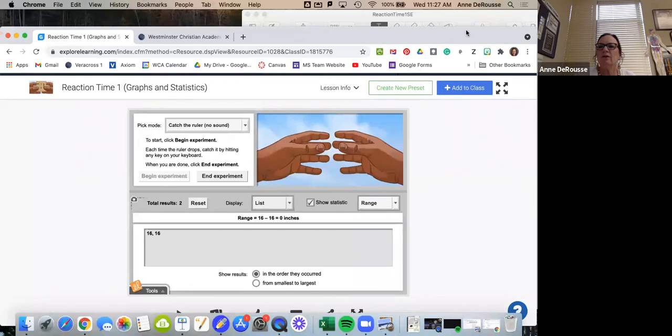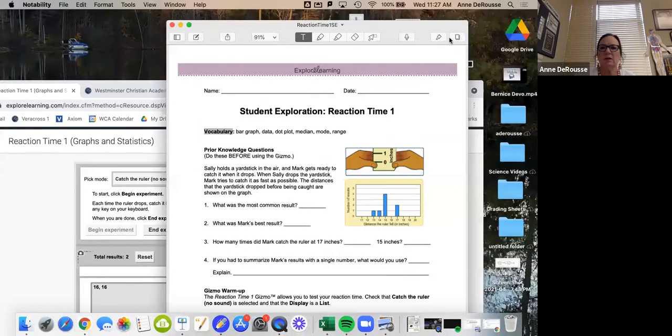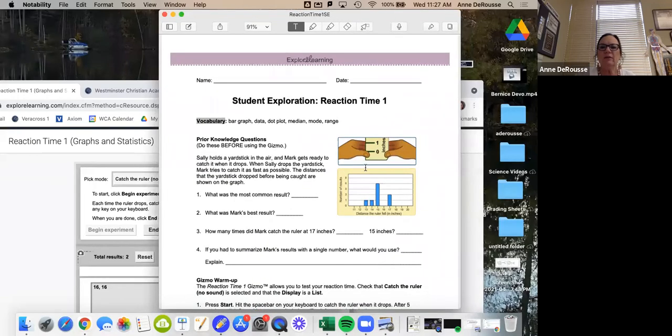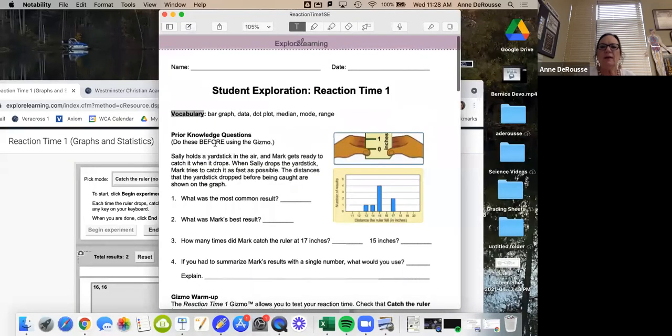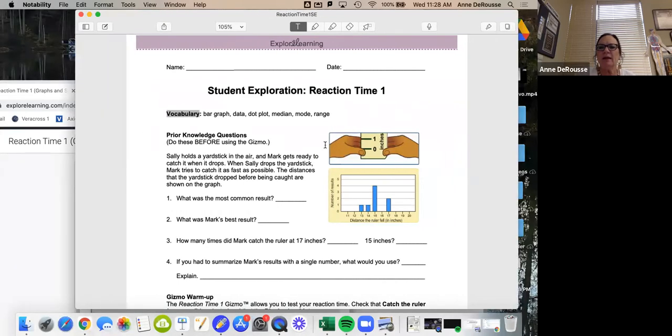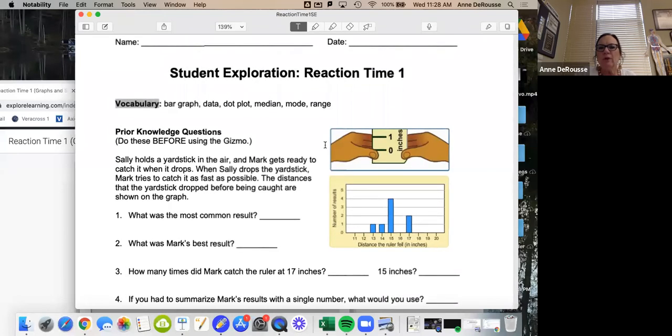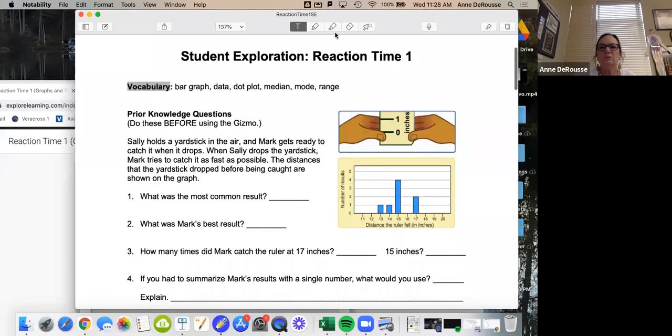All right, let's look at the worksheet first. We're going to do the warm up together. And then I am going to give you class time to finish this packet. This packet will be due tomorrow. And your study guide is due tomorrow.